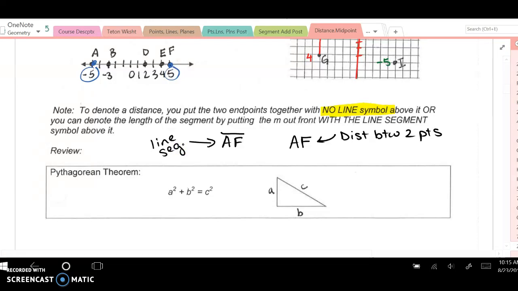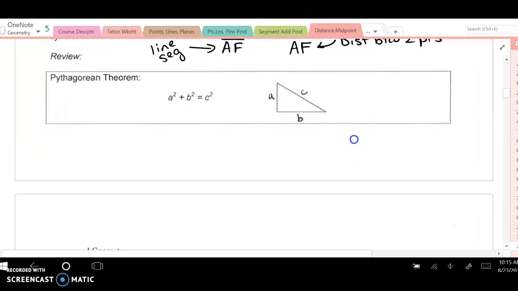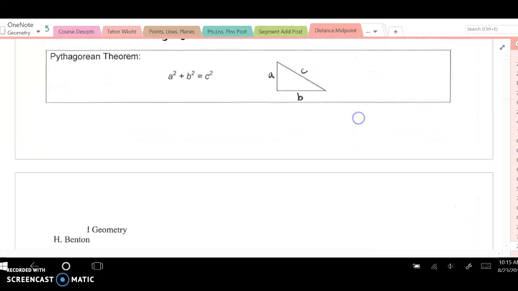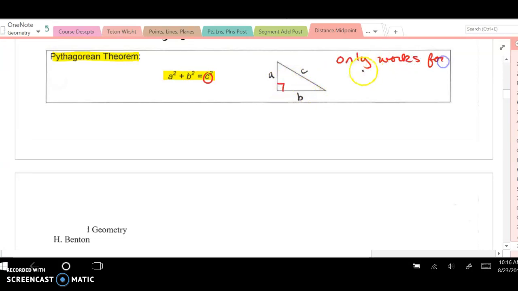Okay, for our next activity, I need to make sure you remember how to work the Pythagorean theorem. You might remember from your pre-algebra class, it is a squared plus b squared equals c squared. Let me remind you that a, b, and c are the sides of a right triangle. This only works for right triangles. It doesn't work for just any old triangle.